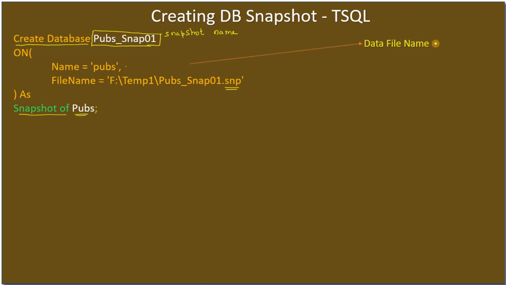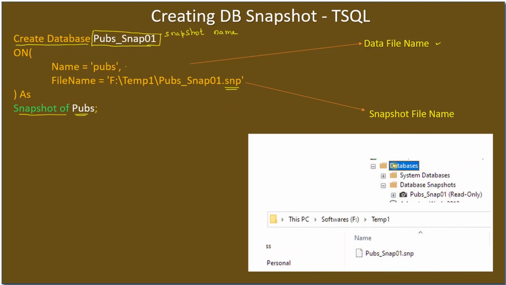When we go to the demo, we will see how to get this data file name. Then this is the snapshot file name, and this is the database. So it is the database of pubs, and in that, the specific data file we are taking the snapshot of, then the snapshot file name.